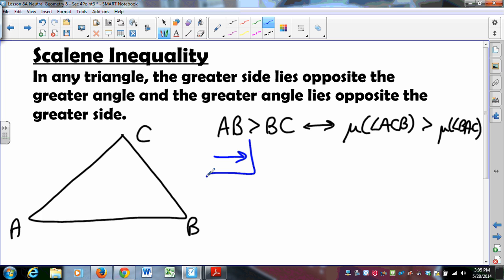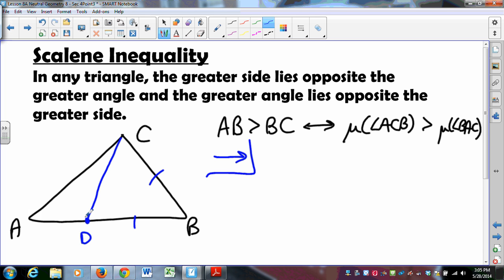I'll go the one way here and the other way in class. We'll go this way first. We'll assume that AB is bigger than BC, and we'll show that angle ACB has to be bigger than angle BAC, and I'll walk us through that. So if AB is bigger than BC, then there's got to be some point, call it D, between A and B, such that BD is congruent to BC. And we're going to connect the dots.